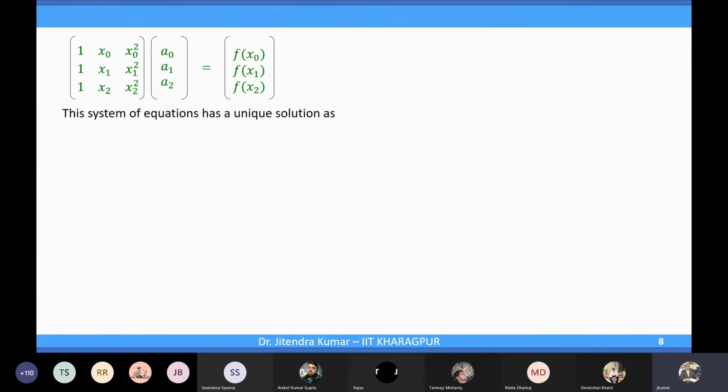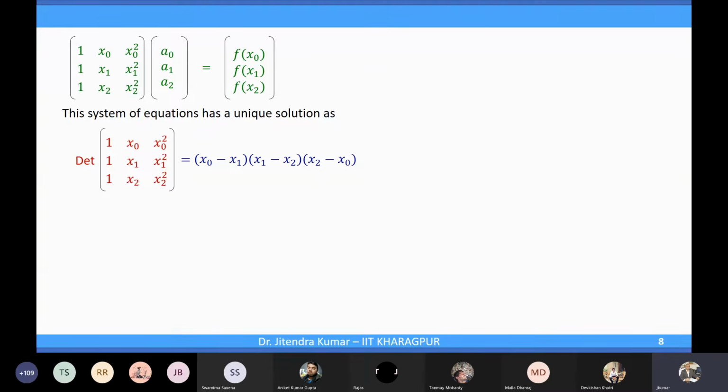These equations have a unique solution because if you compute the determinant, it will come as the product of x0 minus x1, x1 minus x2 and x2 minus x1. What do we see from this? x0, x1, x2 are distinct points, correct? They are 3 different points we are talking about.